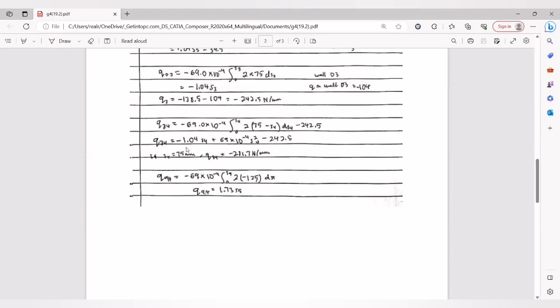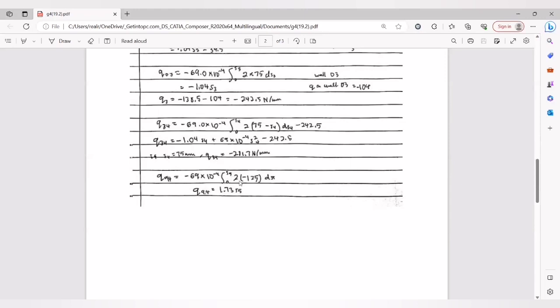So we get like this, and if S4 is 75, then Q from point 3 to point 4 is negative 281.7.